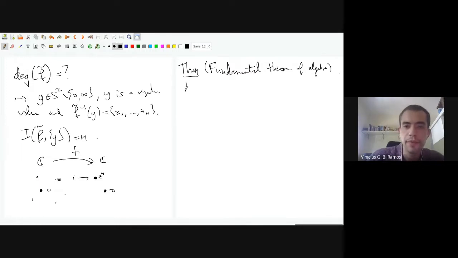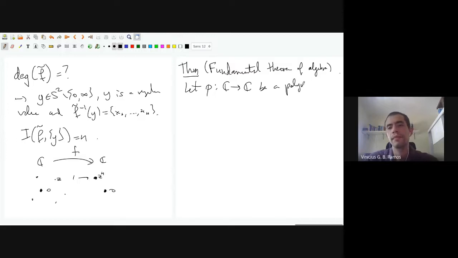Let P be a complex polynomial of degree n greater than or equal to 0, then P of z has a root.